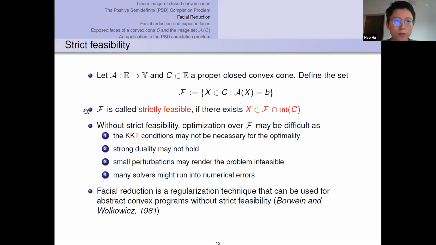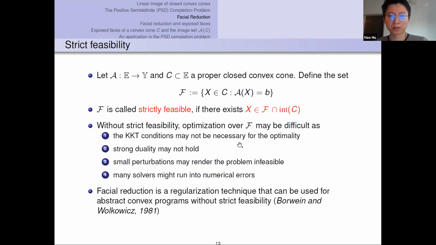So one way to make it easier is to impose the so-called strict feasibility condition on this feasible set, which requires F to contain a feasible solution X that stays in the interior of this closed convex cone C. Without this condition, many bad things can happen. For example, the KKT condition is no longer necessary for optimality.